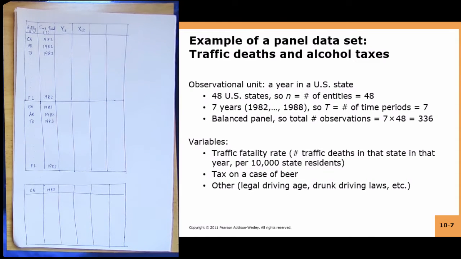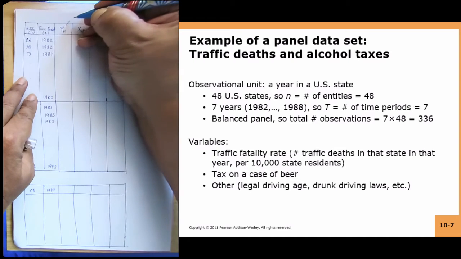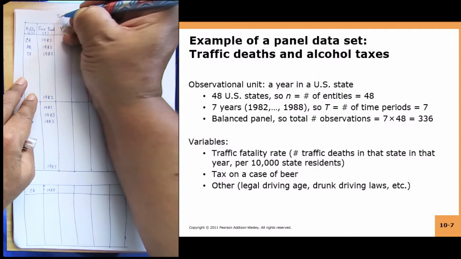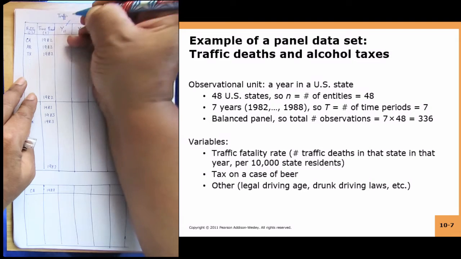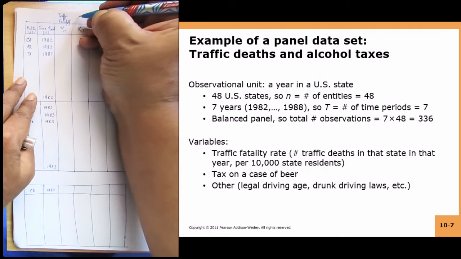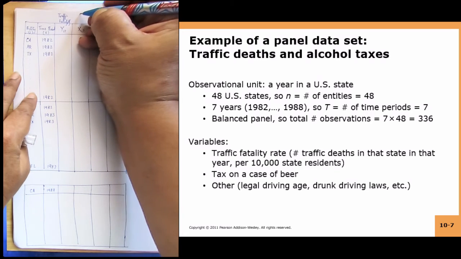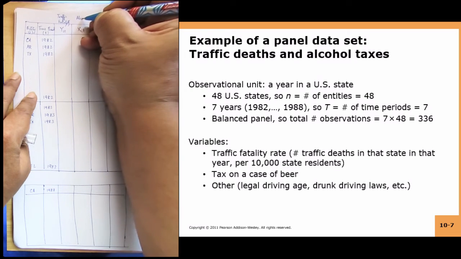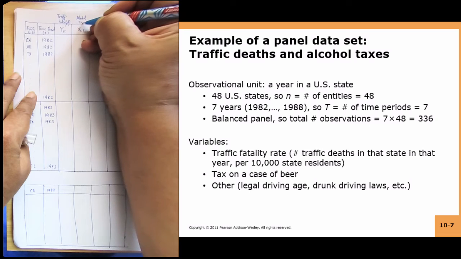What is the total number of data points that you have? You have 7 periods and 48 entities, so you have 336 data points. What is the y variable over here? This is the traffic fatality rate. That is the dependent variable that you are interested in, and x is alcohol taxes.